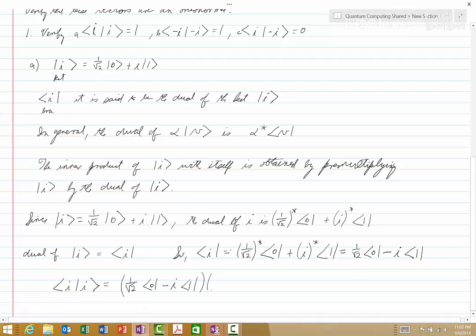That is pre-multiplying, and by pre-multiplying I just mean it's to the left of it. That is pre-multiplying 1 over square root of 2, ket 0, plus I, ket 1.